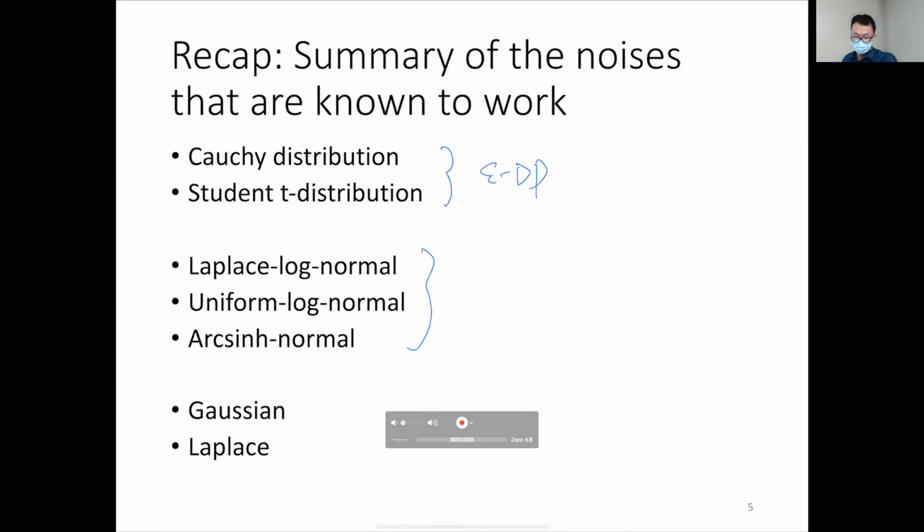And if we add things like Laplace log-normal or uniform log-normal distributions, we'll revisit what Laplace log-normal is in just the next slide, this gives us zero-centered concentrated differential privacy. And if we add the typical noise that we usually add, it also works, but it produces a slightly weaker differential privacy guarantee.